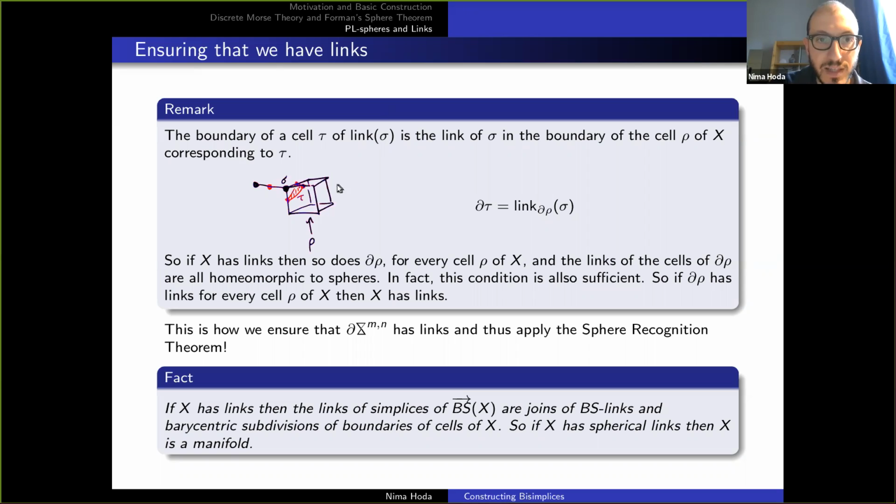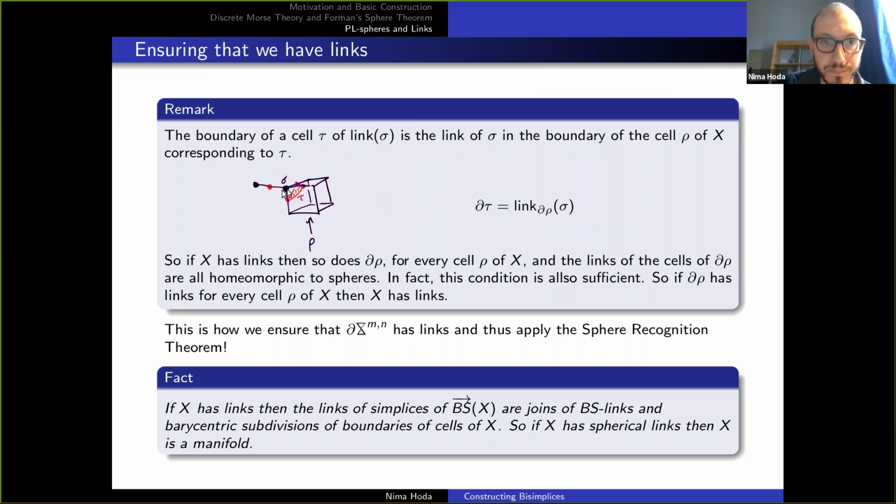If I take a cell tau in the link of a cell sigma, then the boundary of tau is just the link of sigma in the boundary of rho, where rho is the cell corresponding to tau in the link of sigma. So let's take a look at this picture. Here we have sigma.